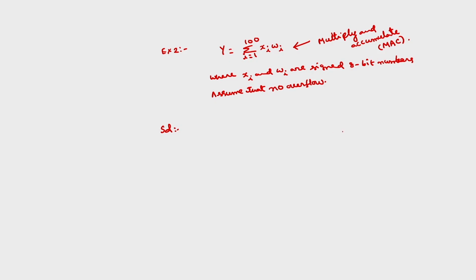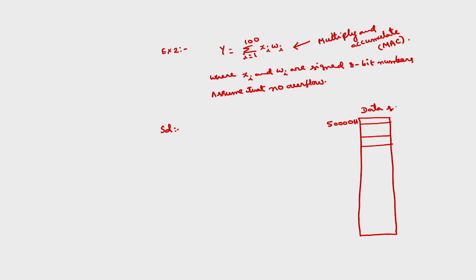I am assuming that xi is stored in some locations in the data segment starting with 50000H, and the ending address will be 5FFFFH, the 64 kilobyte data segment.